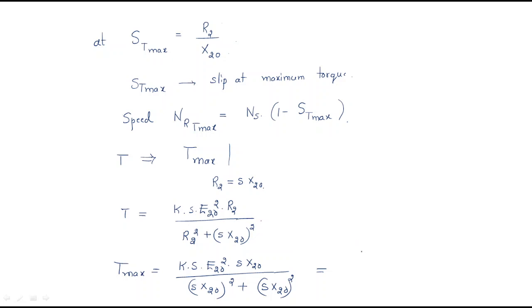By doing the calculation we will get K slip times E2 naught square, only one E2 naught square is there. What about x2? We have one x2 naught, and the terms give 2 times slip square plus x2 naught square. So both slip squares will be cancelled and x2 naught will become 1 x2 naught.